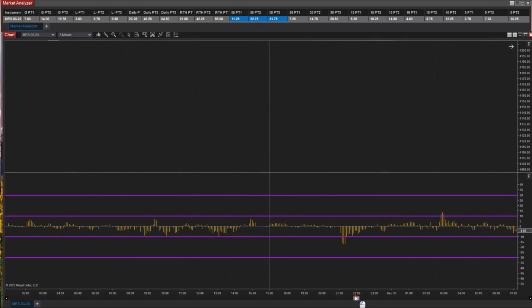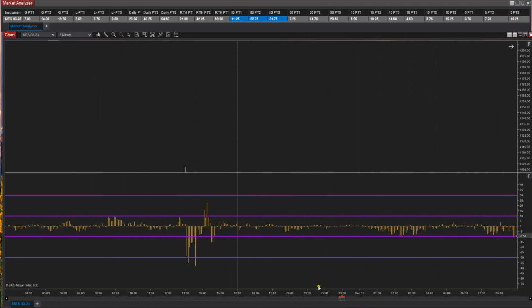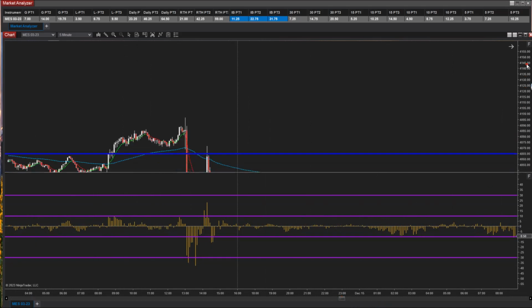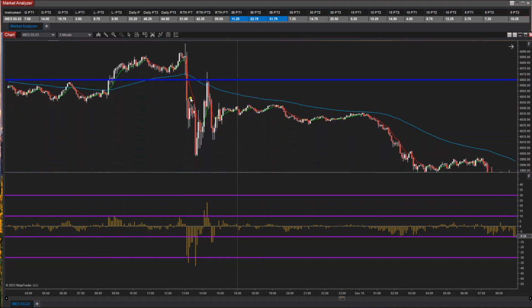Where did it go? There it went. So that's when you could come in here and say it got way under the 30. So that's oversold, and you would definitely maybe want to consider hitting a reversal back to the mean, something like that.